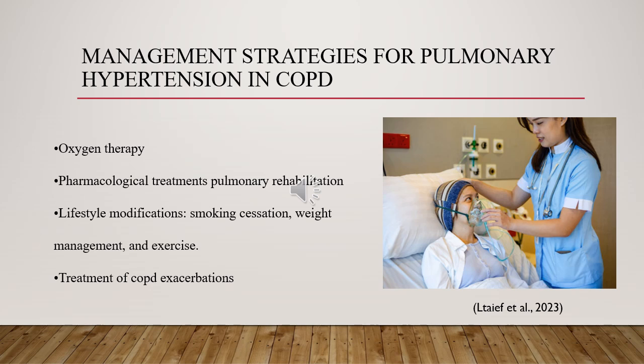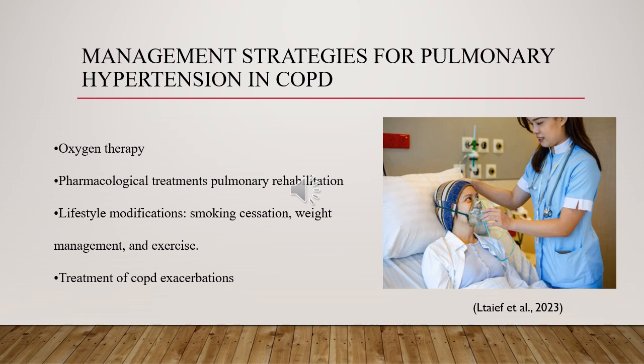Long-term oxygen therapy has been shown to improve survival in COPD patients with pulmonary hypertension. According to LTOT, pharmacological treatment may include vasodilators, diuretics to manage fluid retention associated with right-sided heart failure, and anti-inflammatory agents to reduce airway inflammation. However, vasodilators may be used cautiously as they can exacerbate ventilation perfusion mismatching.